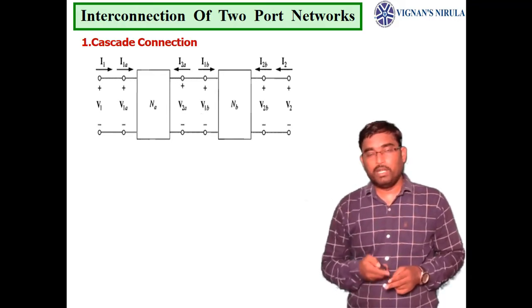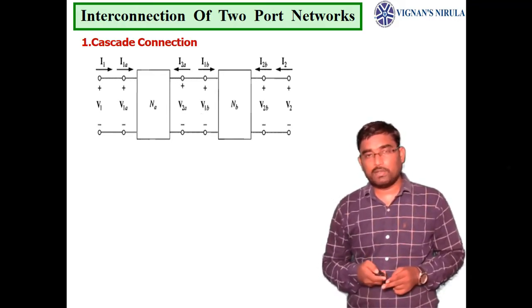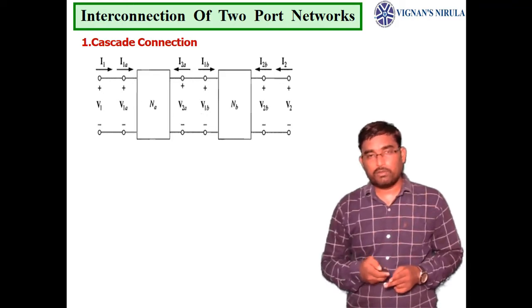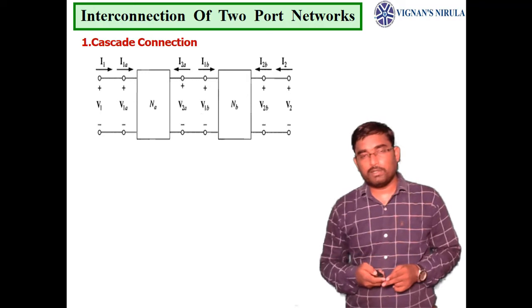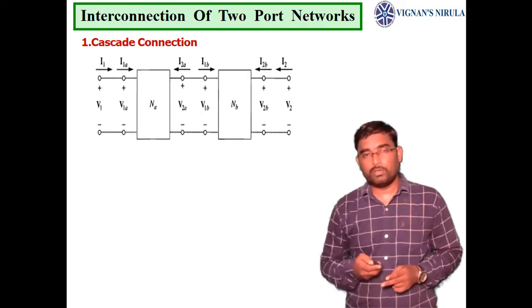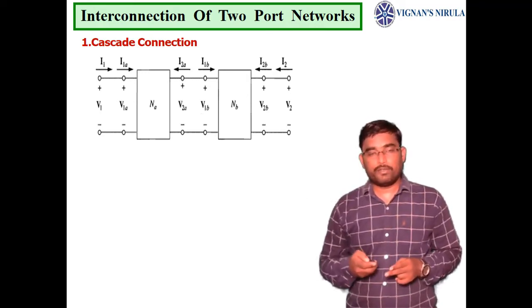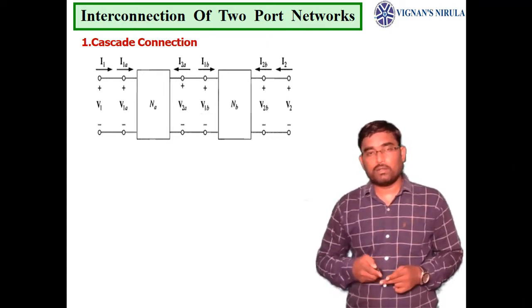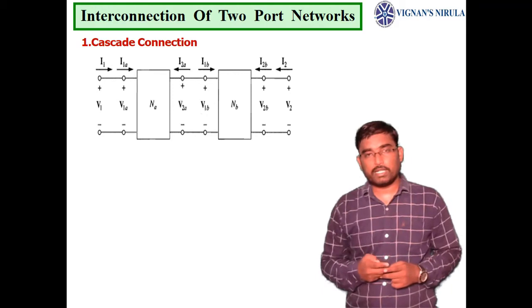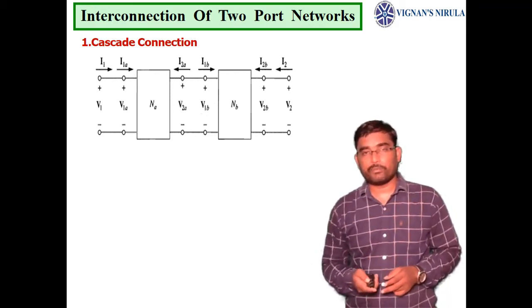For network B, the port 1 variables are V1B, I1B, and the port 2 variables are V2B and I2B, port 2 voltage and port 2 current. For the overall cascaded two-port network, the input variables are port 1 voltage V1 and port 1 current I1, and the port 2 voltage is V2 and port 2 current is I2.